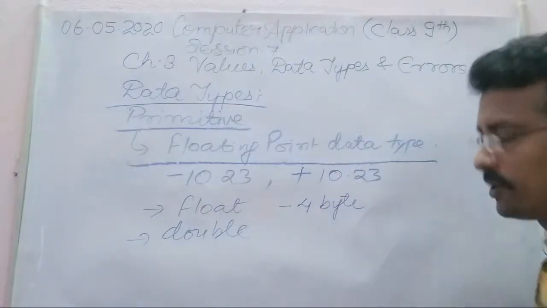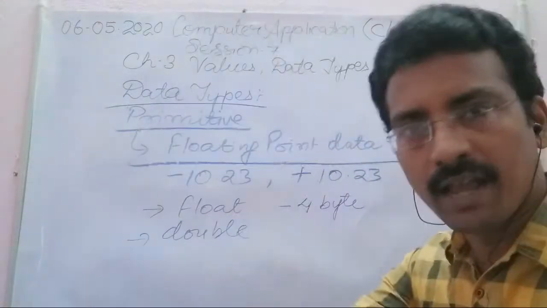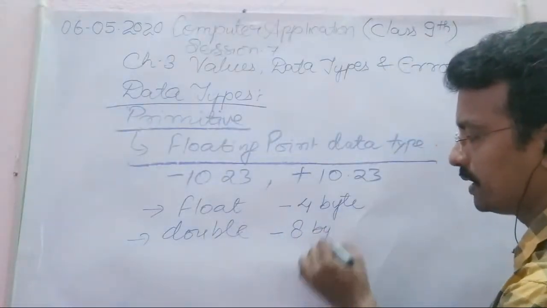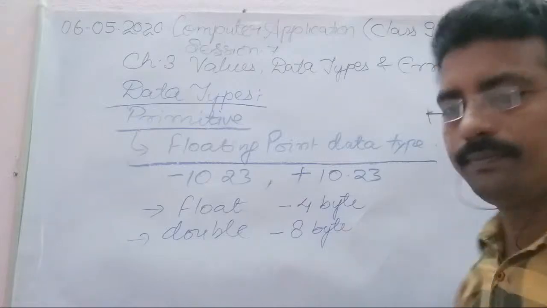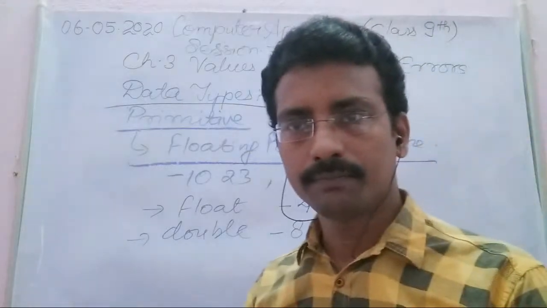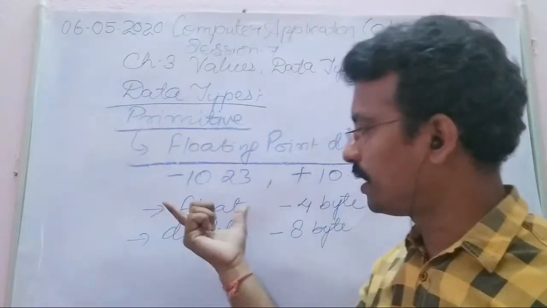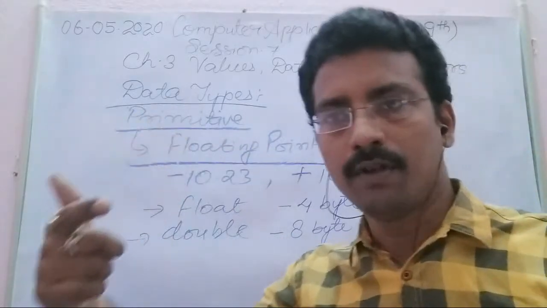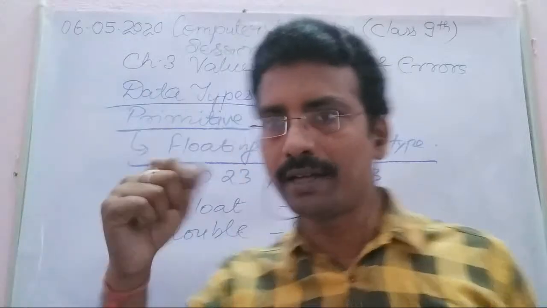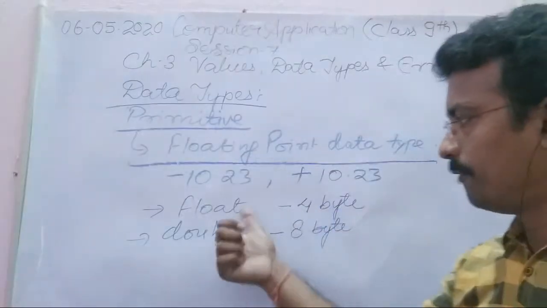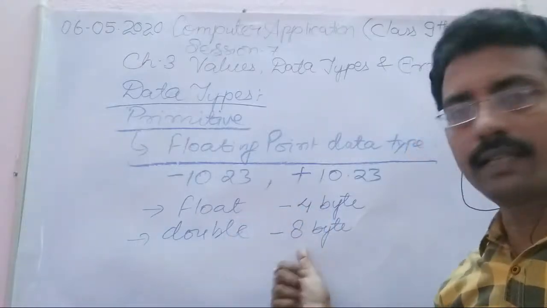Float takes 4 bytes of memory space for storing the value, and double takes 8 bytes. Clear? If someone asks how many data types are available under the floating point category, you will say 2. And their memory structure: float takes 4 bytes, double takes 8 bytes.